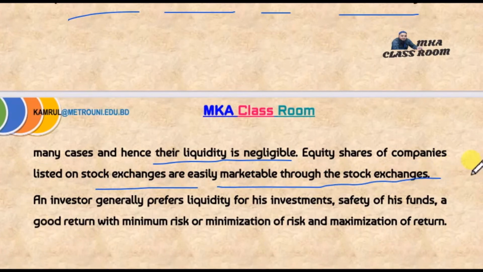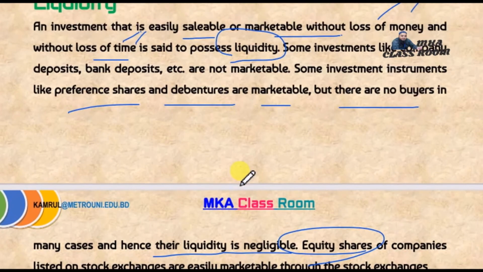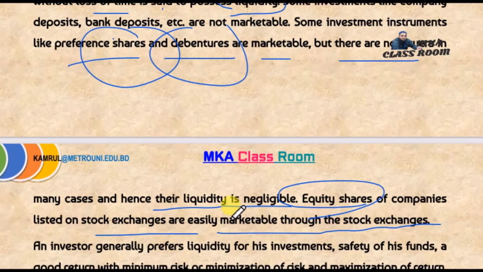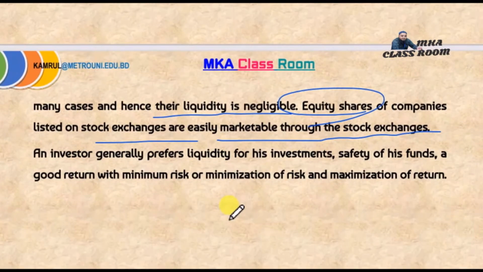That is the liquid security, equity shares. Preference shares and debentures are also marketable, but liquidity is negligible. That means you cannot sell them whenever you need. You cannot sell them in the market, but equity shares you can sell whenever you need in the capital market.